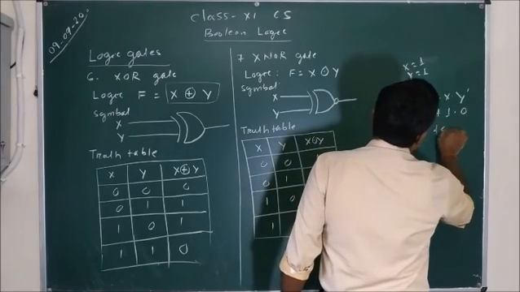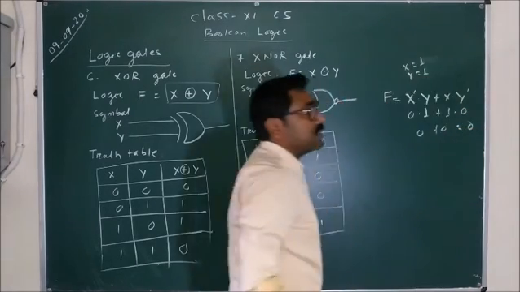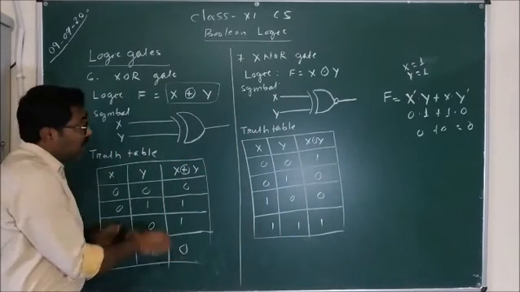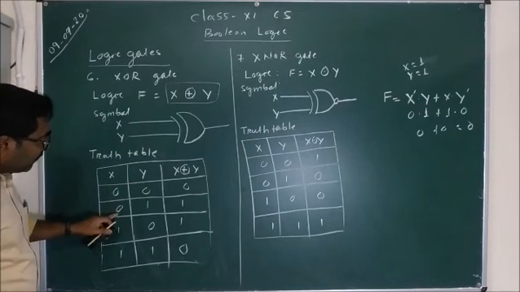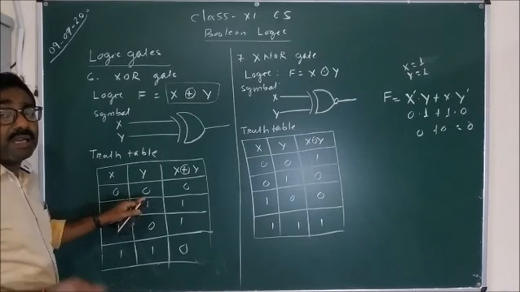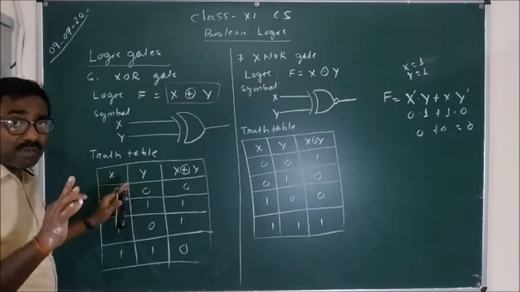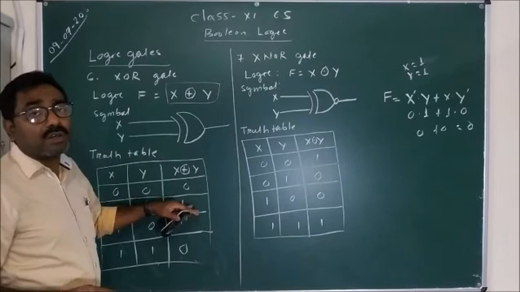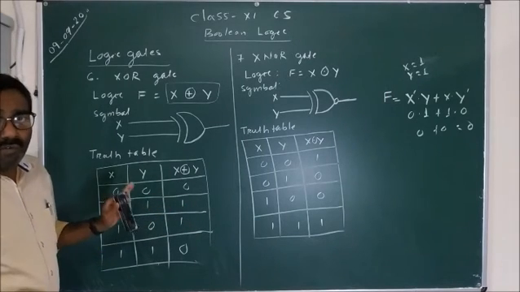So 0 plus 0, the output is 0 over here, so the last output is 0. So in this gate, what happened? If any one of the input, whether it is x or y, any one input is true or 1, then the final result is true, otherwise the final result is false.